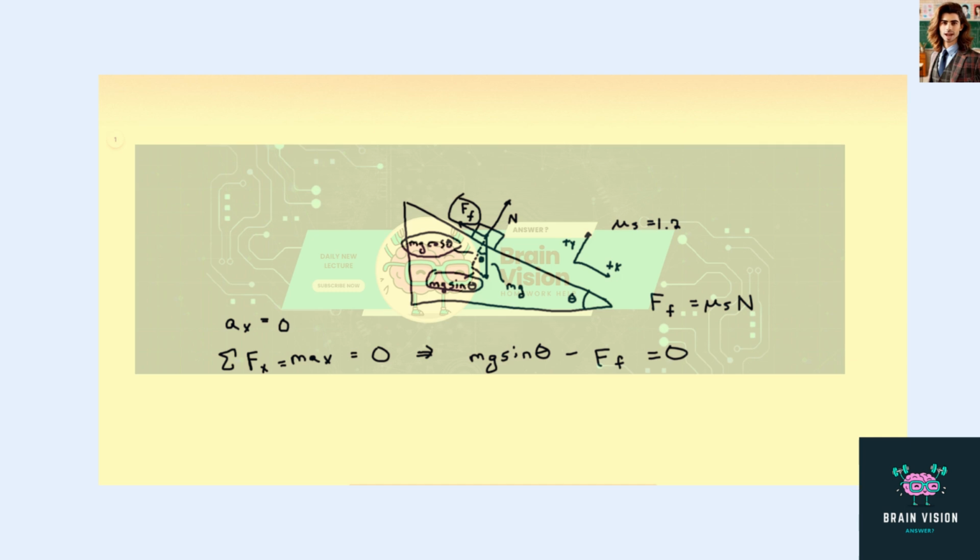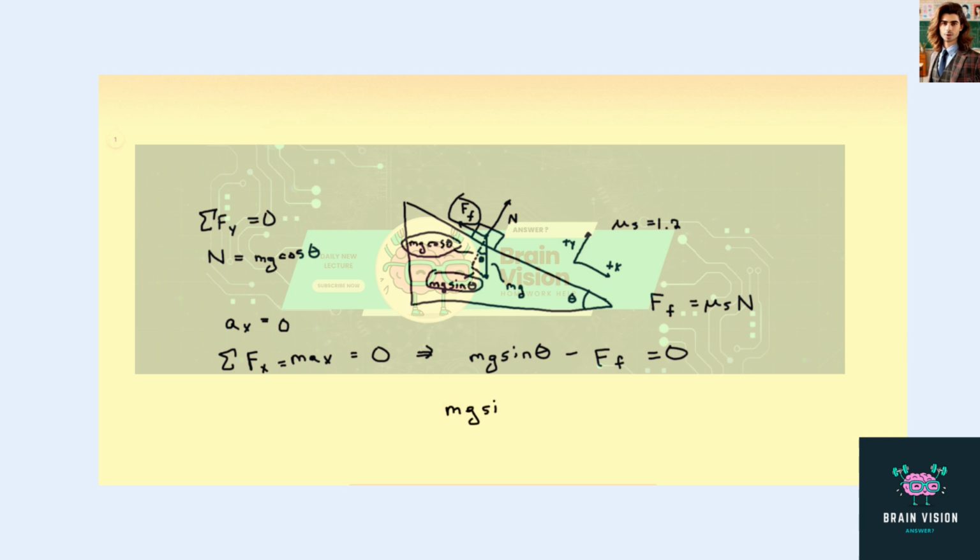Now you can reason through that because the person on the bed is not going to accelerate in the y direction, meaning the sum of the forces in the y direction have to be equal to 0 as well. And there's only two forces in the y direction, the normal force and this force. And so that directly implies that the normal force is equal to mg cosine theta, like that. And so that lets us write down the friction force.